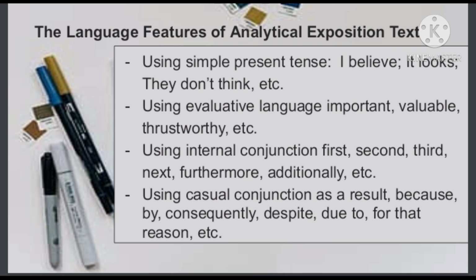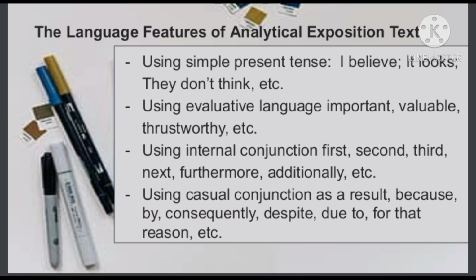And then, use evaluative language: important, valuable, trustworthy. And then, use internal conjunctions: first, second, third, next, further, additionally, etc. Karena biasanya pada saat menyajikan argumen, penulis biasa menggunakan kata yang pertama atau first, yang kedua second, argumen berikutnya next, dan yang terakhir adalah finally.